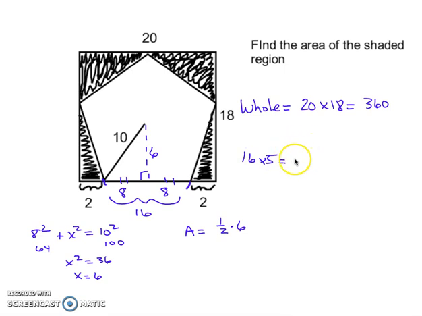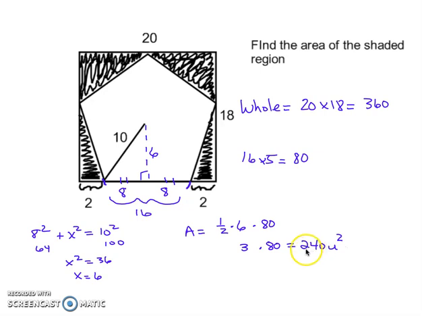And when we do that, we're going to find that our capital P will end up being 80. So we're going to have 1/2 times 6 times our 80. So if we figure this out, 6 divided by 2 is going to be 3. So now we have 3 times 80, which equals 240 units squared.